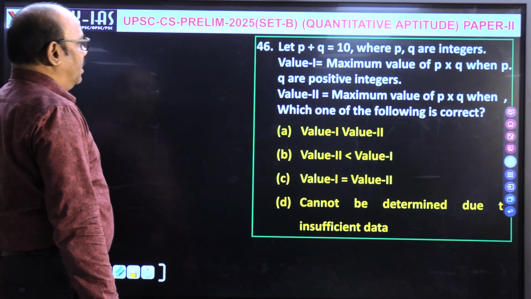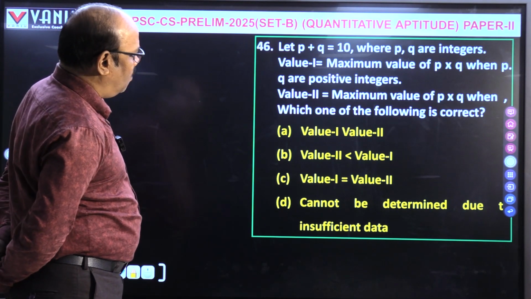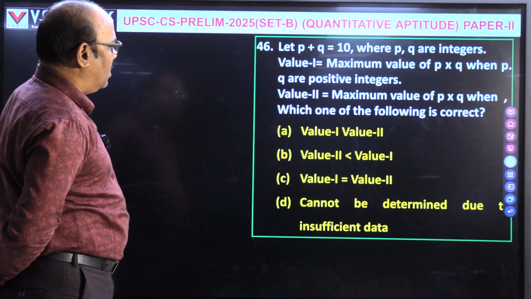Next question. Let P plus Q equal 10, where P and Q are integers. Value 1: maximum value of P into Q when P and Q are positive integers.